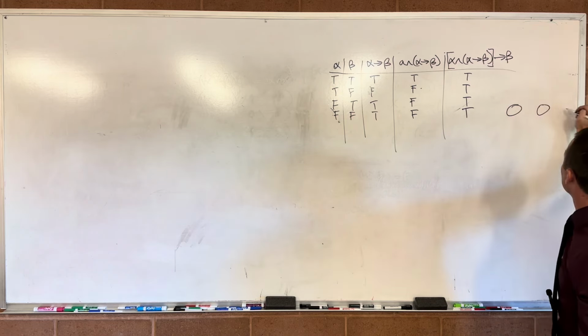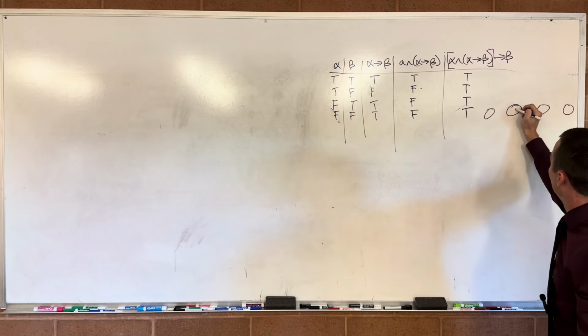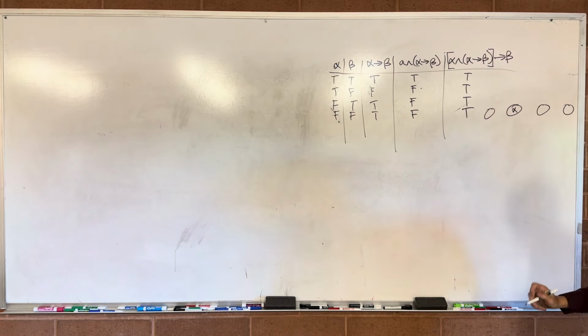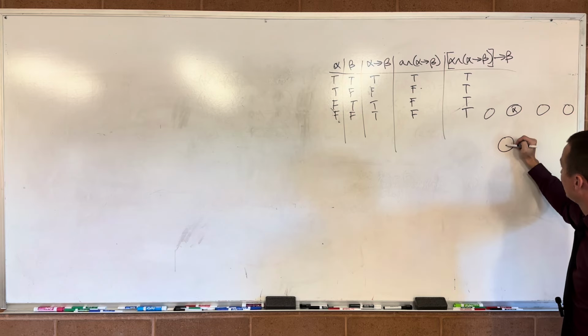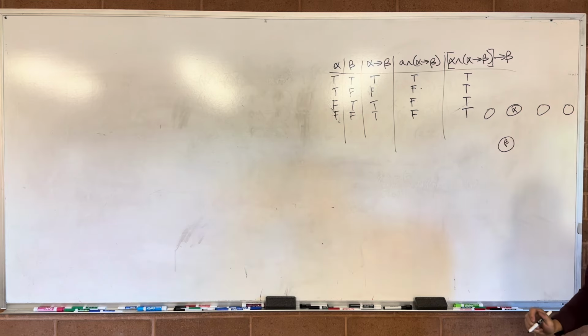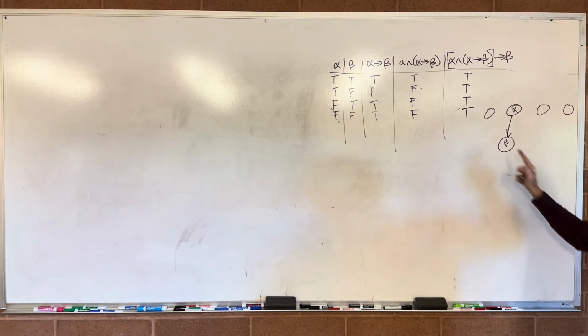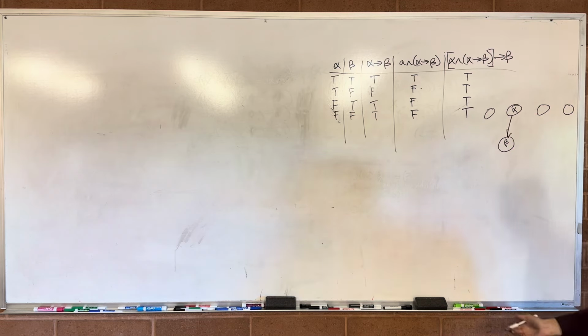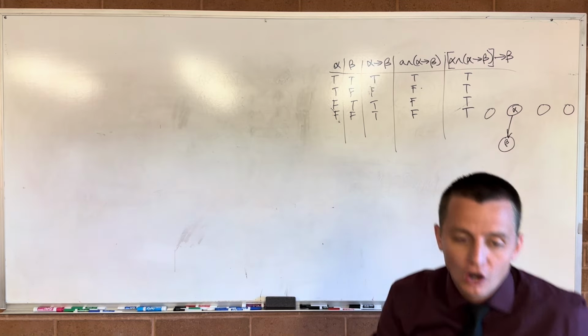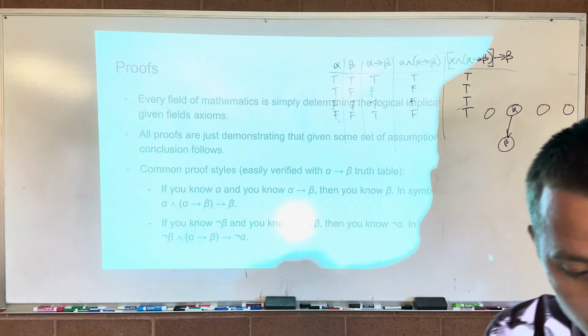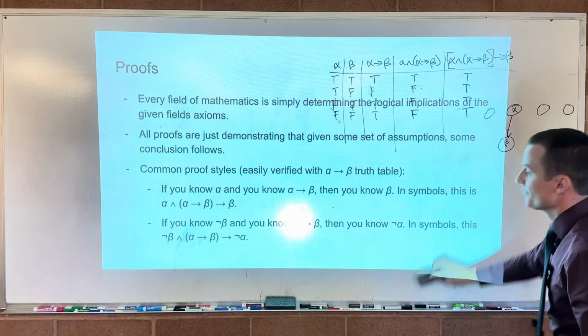So going back, one of these axioms is going to be like an alpha. One of the things that we're trying to prove is going to be like a beta. If I know alpha, and I show that alpha implies beta, then I can conclude my beta, and then I can work with it from there. So that's the overall outline of how you do all your proofs, written out in logical notation.